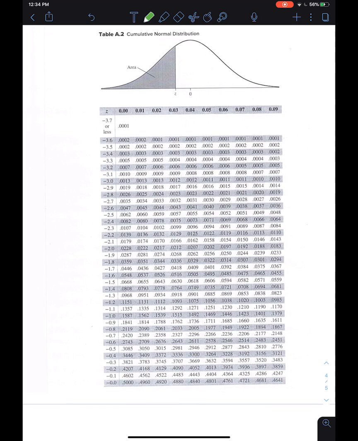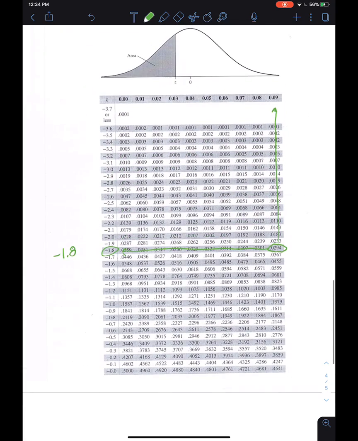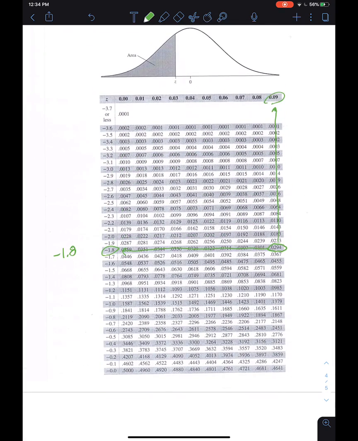There it is. 0.0294, and now we've got to go in this backwards fashion, right, to figure out what's associated with that. That's going to be a negative 1.8 and then complete it with 9. So this value is negative 1.89.